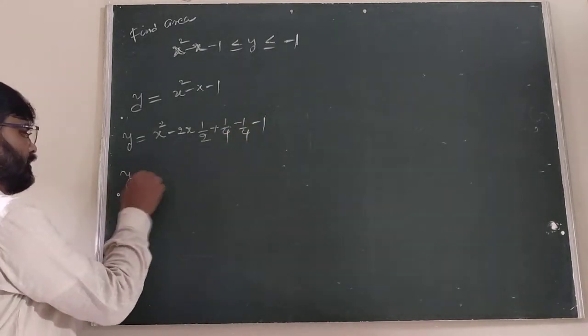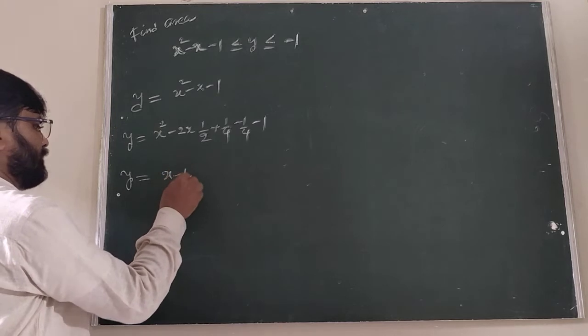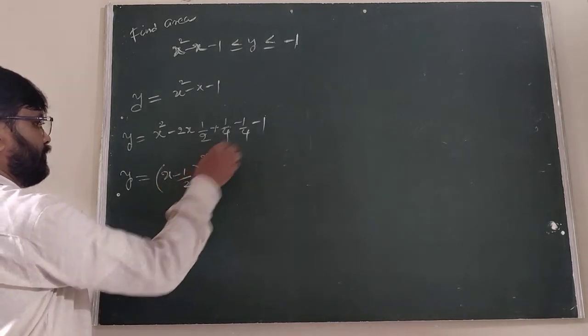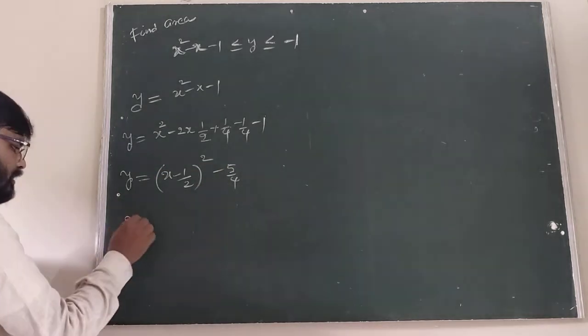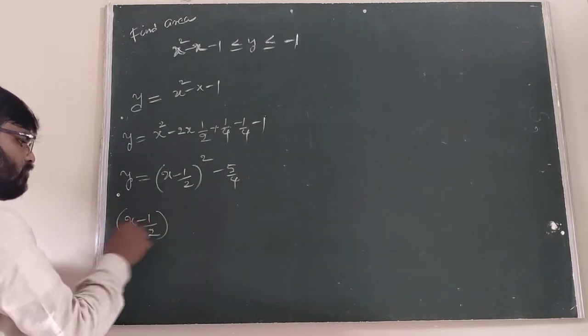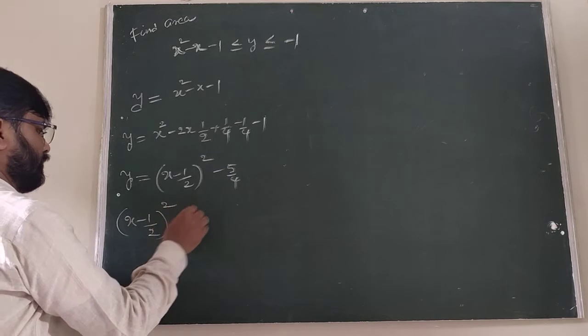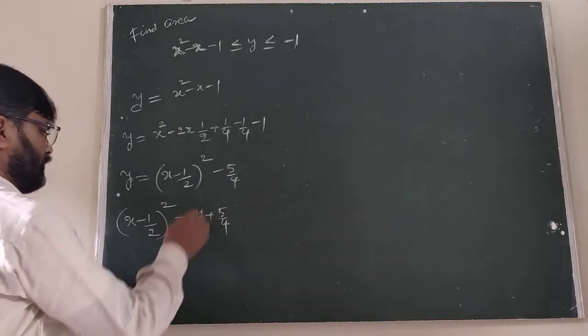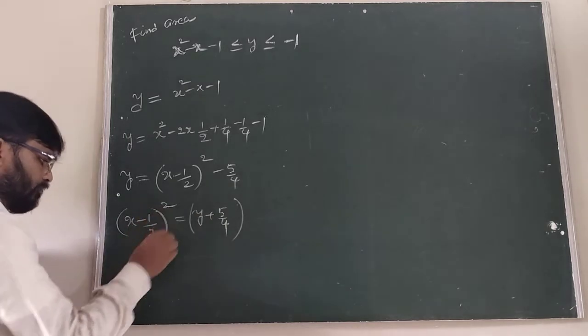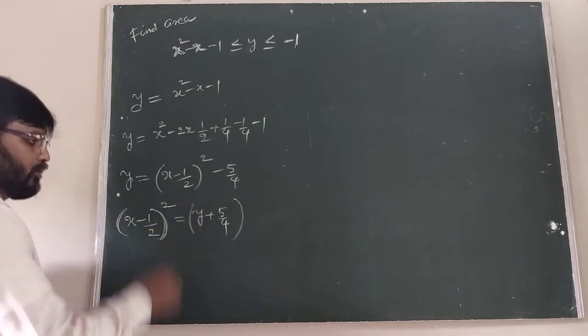So this is x minus 1 by 2 whole square minus 5 by 4. Sending to the other side, x minus 1 by 2 whole square equals y plus 5 by 4. Therefore, these are the different forms of the parabola.